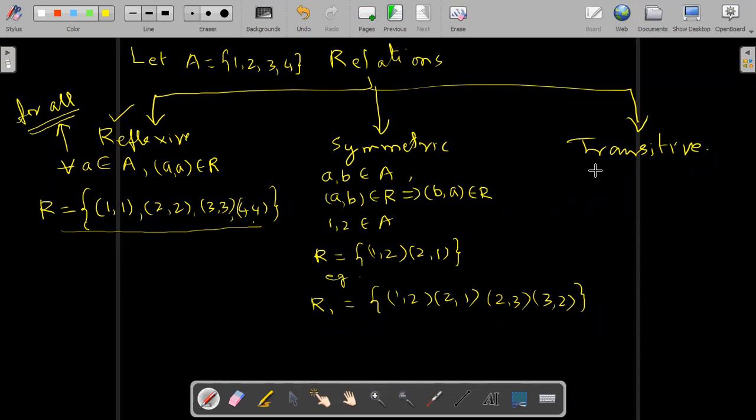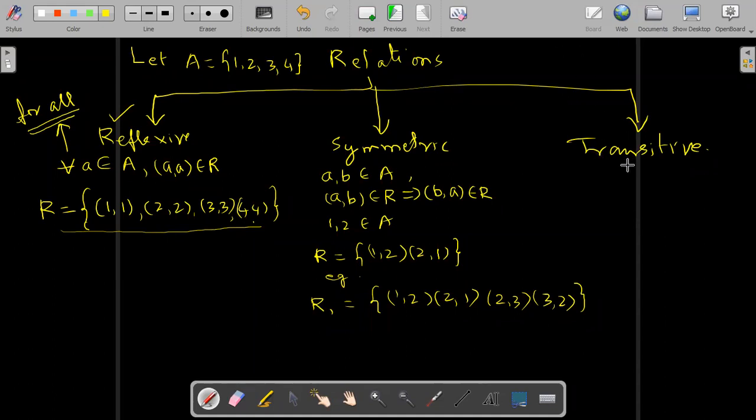And transitive is just like, for example, A likes B, B likes C, then it implies that A likes C also.